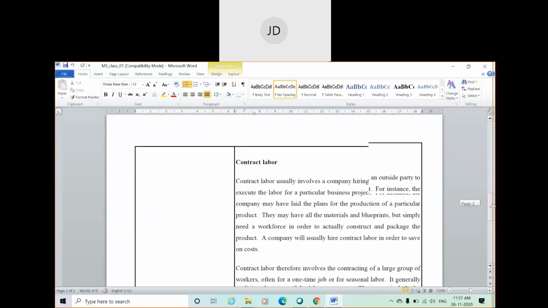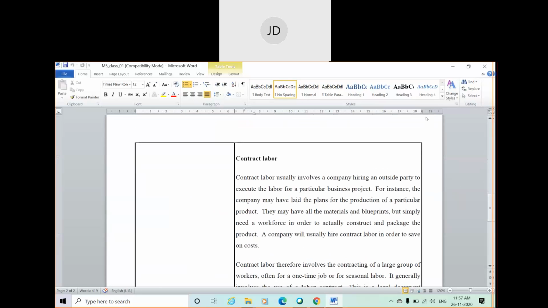Next, we are going to discuss contract labor. It's a kind of system. For a particular work, suppose you are a contractor and you have some work to do for a client, but you don't have labor on your side to do that work.